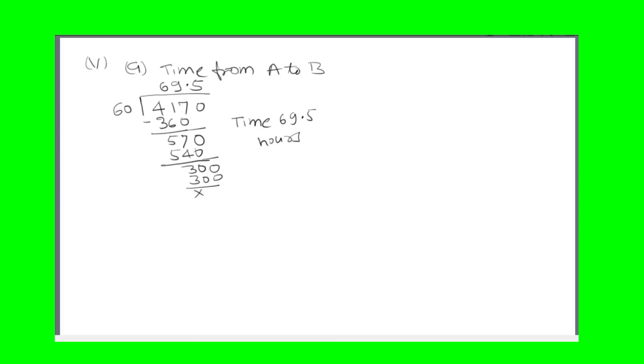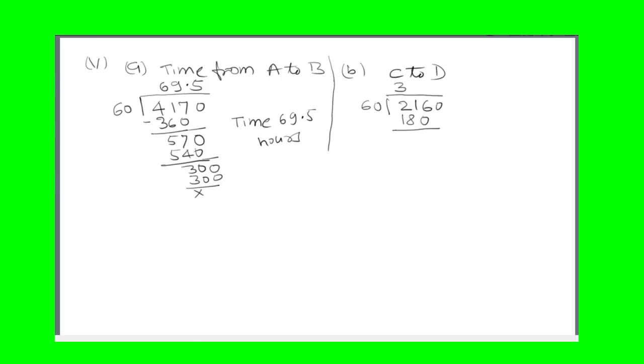Now part B, C to D. Time taken from C to D. So distance between C to D is 2160 kilometer, divided by the speed 60. This is going for 3 times, 180.